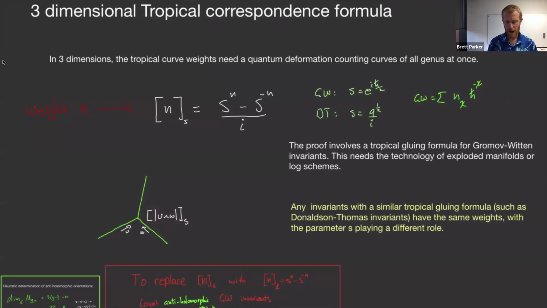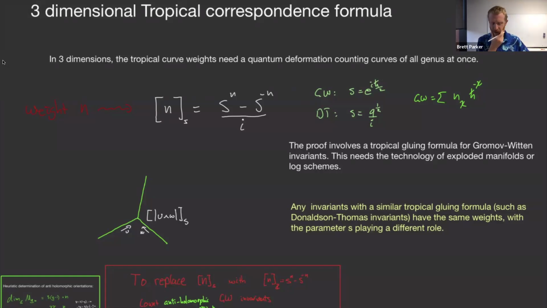And it involves the genus, it involves Chern classes, it involves the dimension of the target space. And in 3 dimensions, 3 complex dimensions, something special happens in that genus doesn't affect the dimension anymore. And it turns out that you need to count curves of all genus at once.